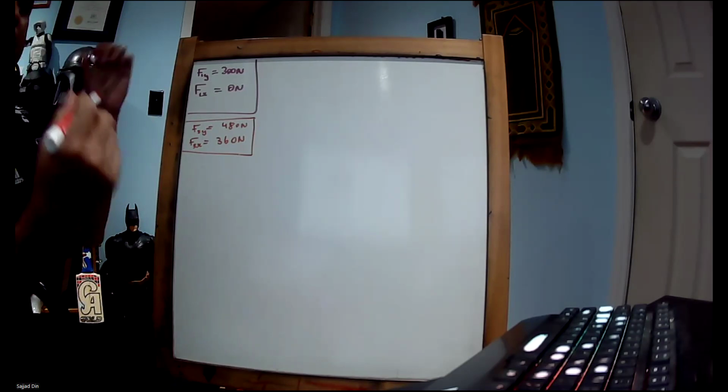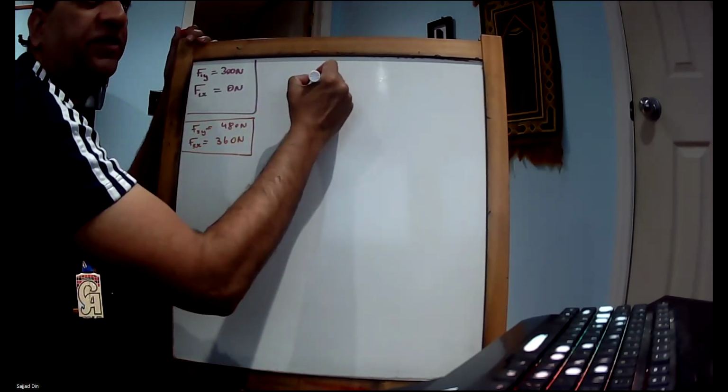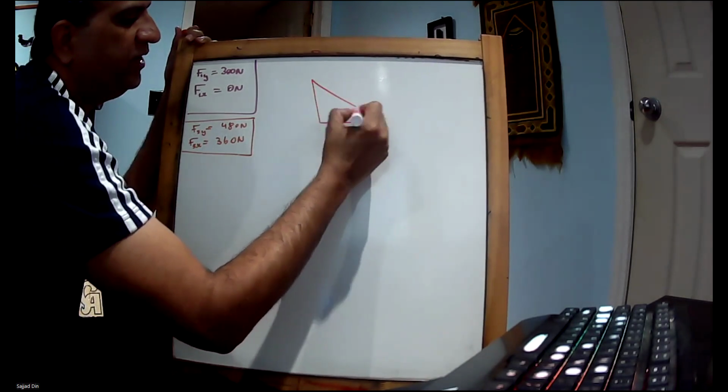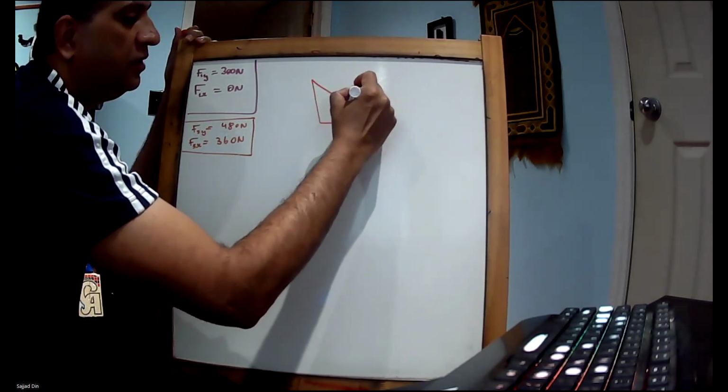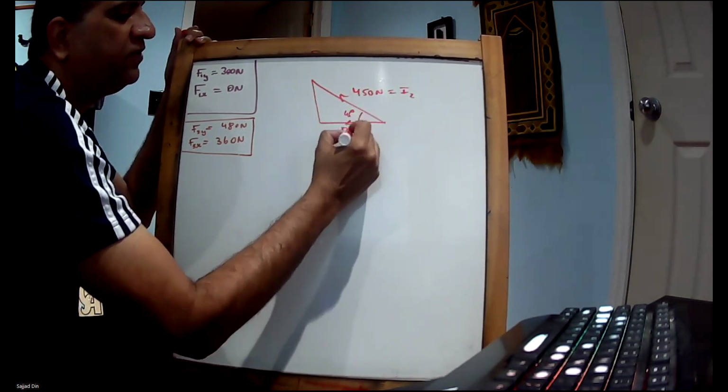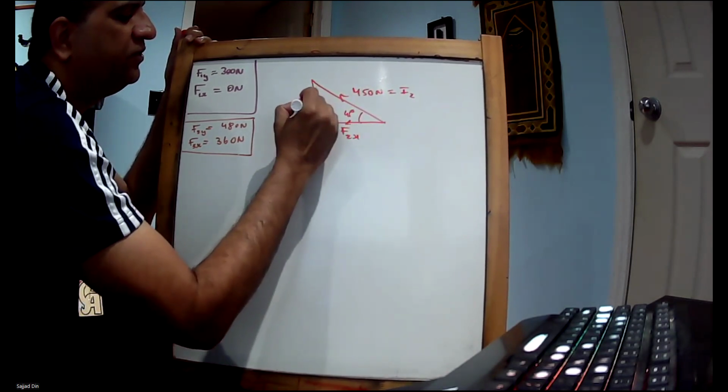Okay, so let's take a look at F2. The angle is given as 45 degrees. 450 newtons is equal to F2, with components F2x and F2y.